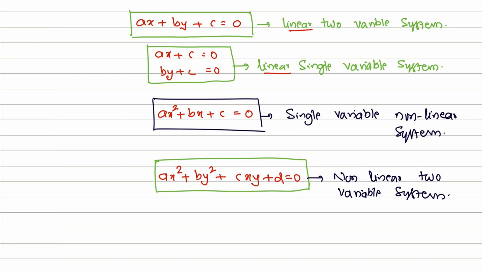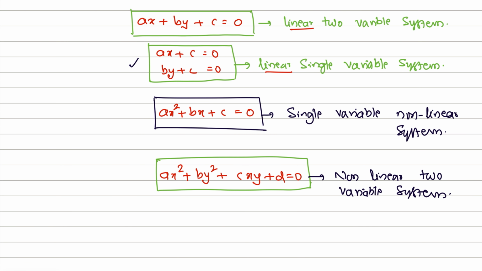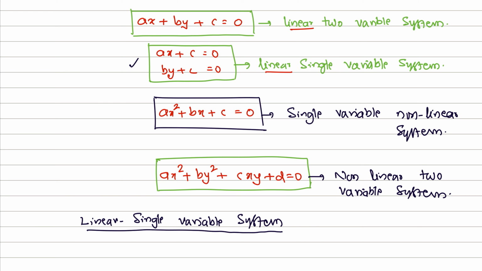The easiest and the most important applied system in day-to-day life is the linear single variable system. It is applied in day-to-day life, like when you go shopping.